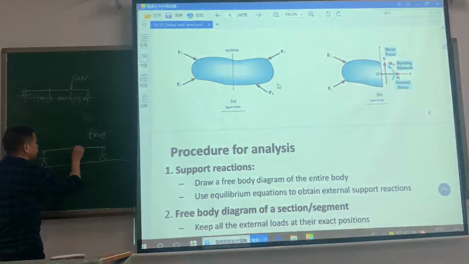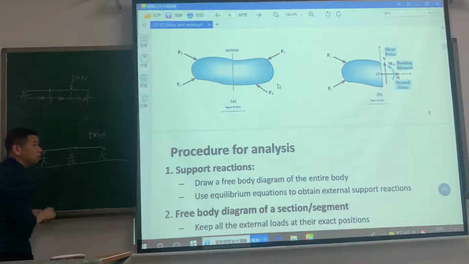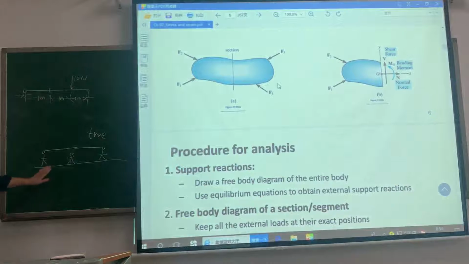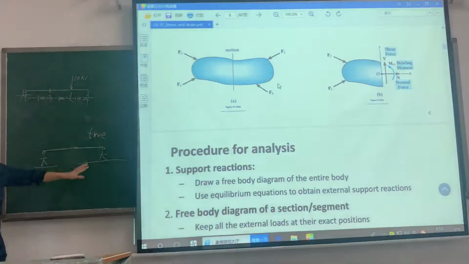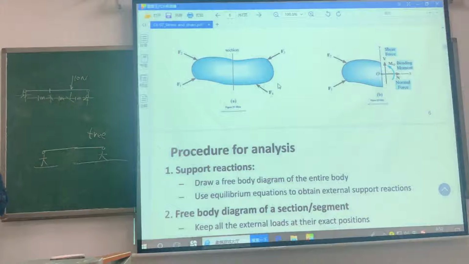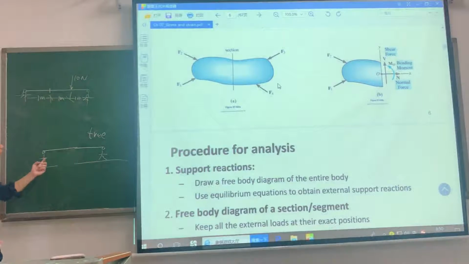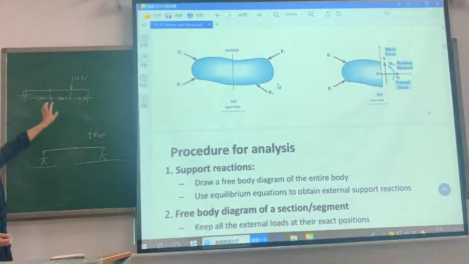If he is too short, he doesn't carry anything. So if just two men carry the tree, finding the load of each is very simple because it's a simple support beam.